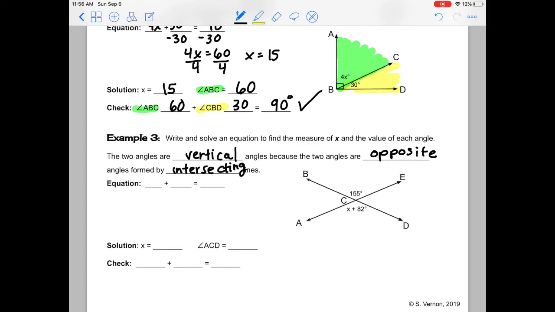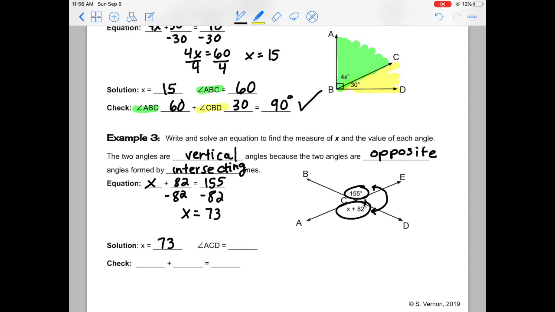So our equation would be x plus 82, and we know it equals 155 because each side is going to equal 155. Right now we're solving for x. So we need to isolate the x by subtracting 82 from both sides. If I do this, I get x equals 73.